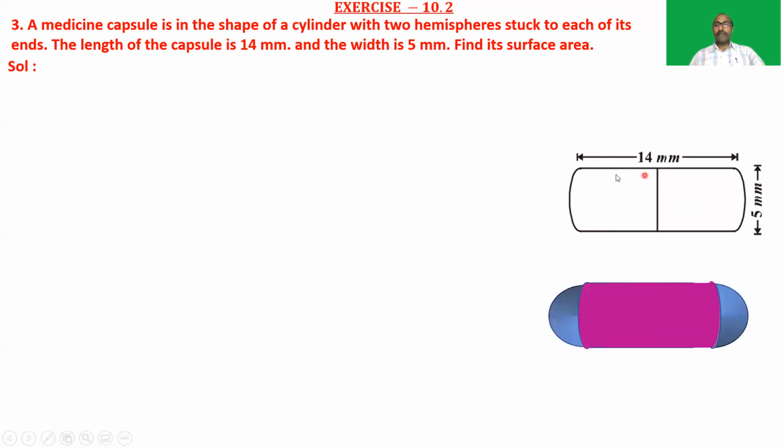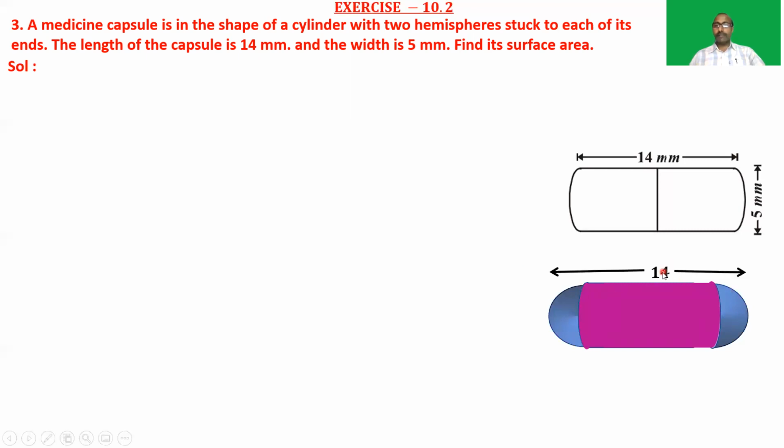So here the shape of the capsule is in this form. This is the cylindrical part, and these two at the ends of the cylinder are hemispheres attached to the ends, as given in the problem. It is given that the length of the capsule is 14 mm like this.